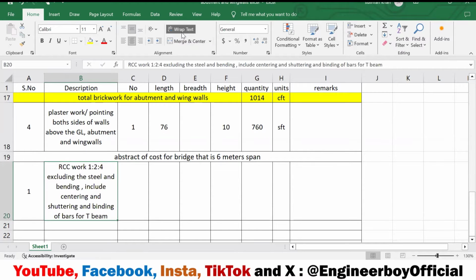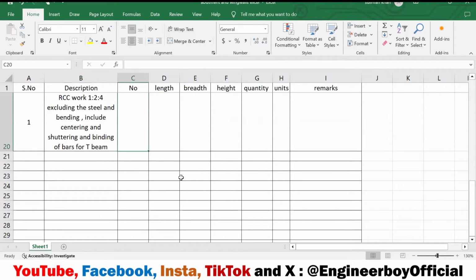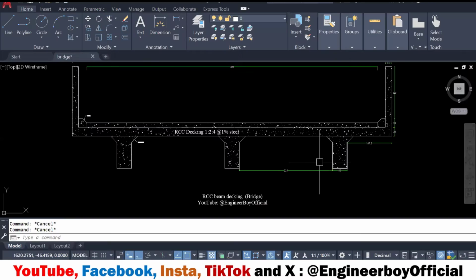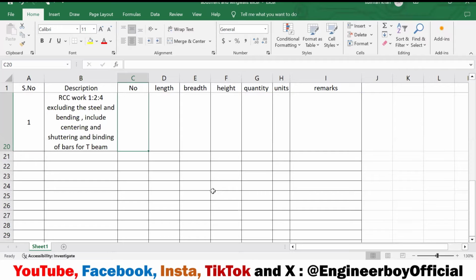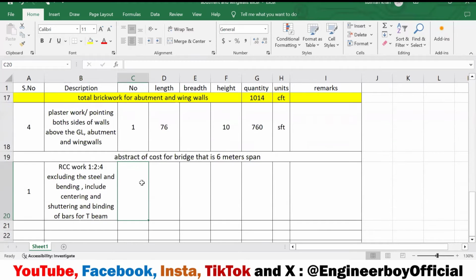I will write the text so we can see it in one cell. Now, for number, as you can see in the diagram, we have only 3 T beams. So the number of T beams is 3.